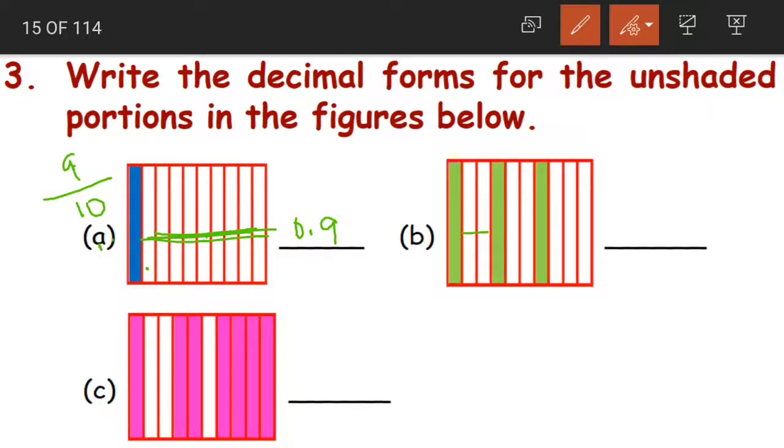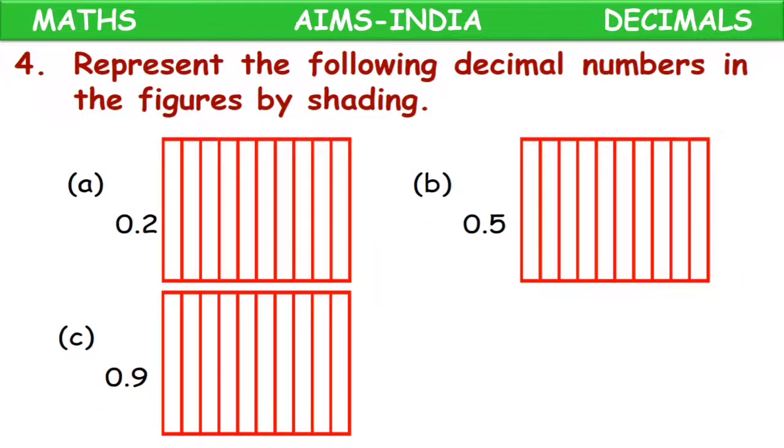For question B, 1, 2, 3, 4, 5, 6, 7. 7 are unshaded out of 10, so 0.7 becomes our decimal number. Next, for question C, 3 are unshaded out of 10. So 0.3 becomes our decimal number.